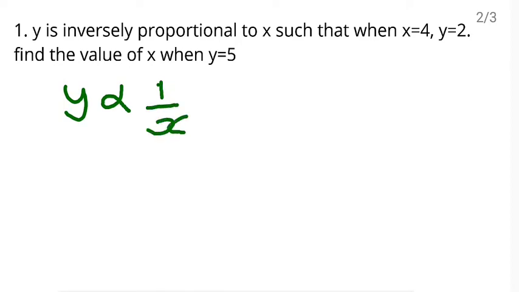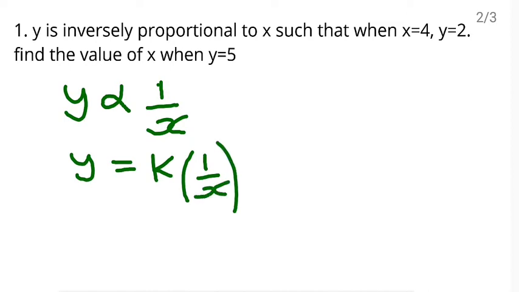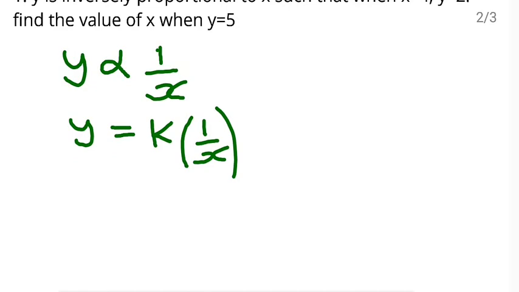Then you introduce what they call the constant of proportionality. You can either use c or you can use k. So we are going to write y equals k multiplying 1 over x. So we can multiply k with 1 over x so that we get y equals k over x.